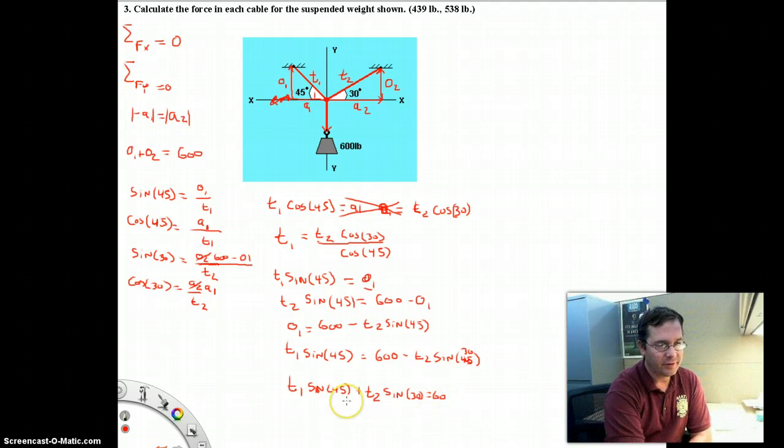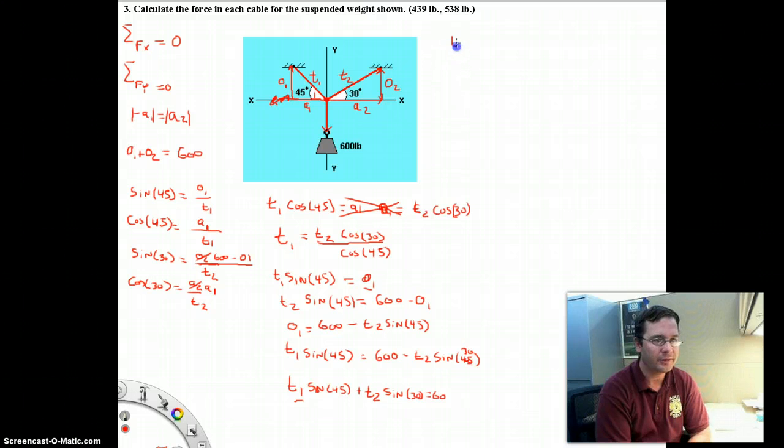But you'll notice that up here I said that T1 was equal to T2 times cosine of 30 divided by cosine of 45. So I could take this T1 and get rid of it so that I just end up with T2. So let's try that. In place of T1 now I'm going to write T2 cosine of 30 over cosine of 45 times sine of 45.